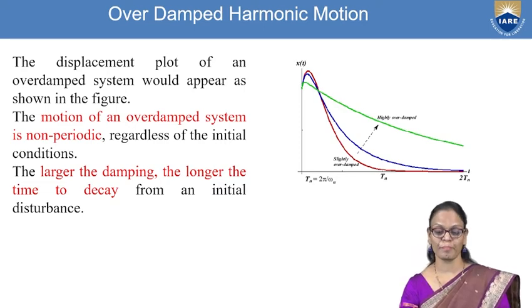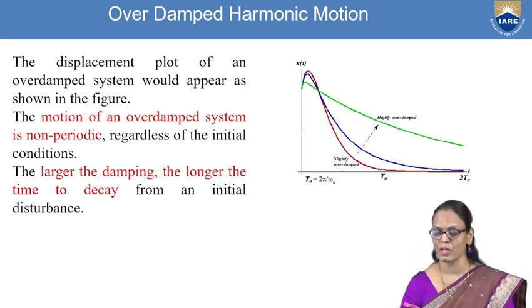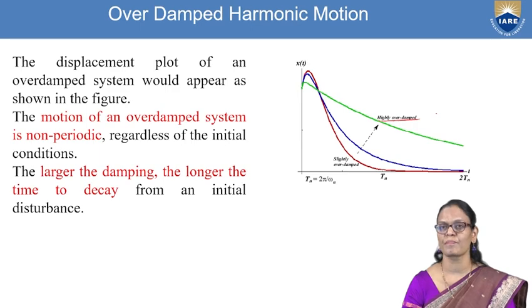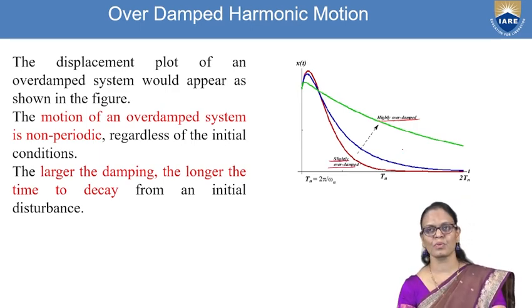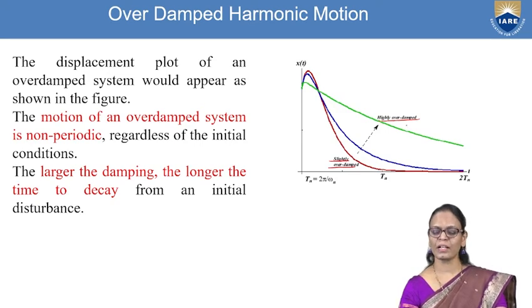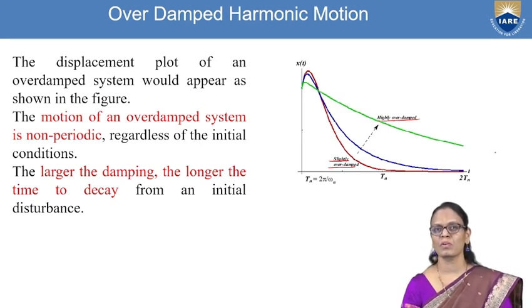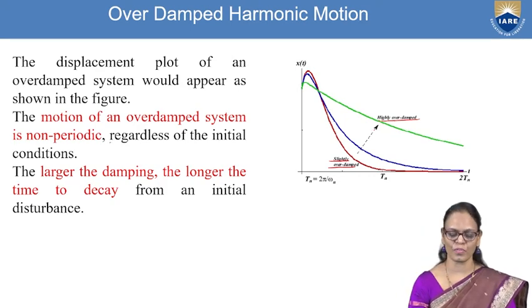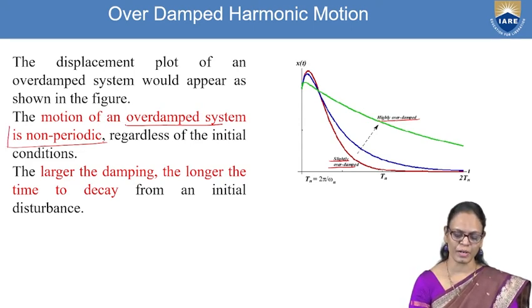Now in overdamping, we also have highly overdamped and slightly overdamped. Overdamped means no oscillation. It will come to rest but not so quickly. So here what we are seeing is that the motion of an overdamped system is non-periodic. This is one thing we have to understand about overdamping.